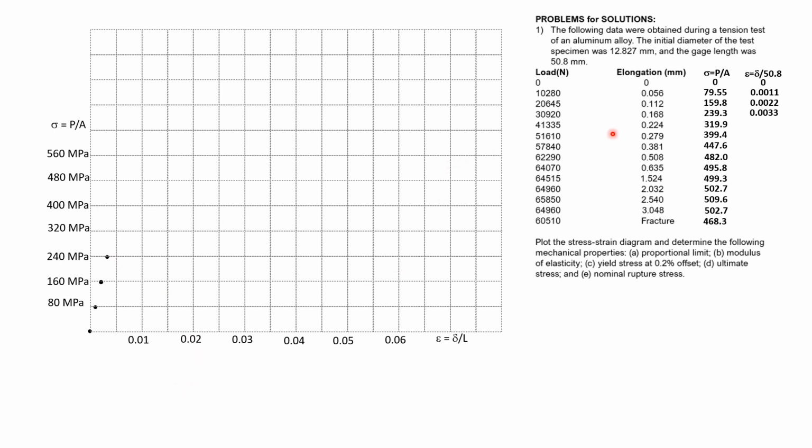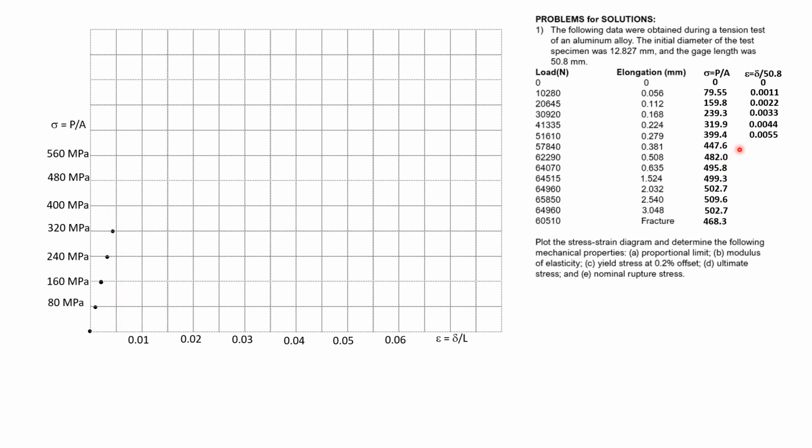Then 0.224 divided by 50.8 is 0.0044. So the stress is 319.9, almost 320. Next is 0.279 divided by 50.8, which is 0.0055, very slightly close to this vertical line here.